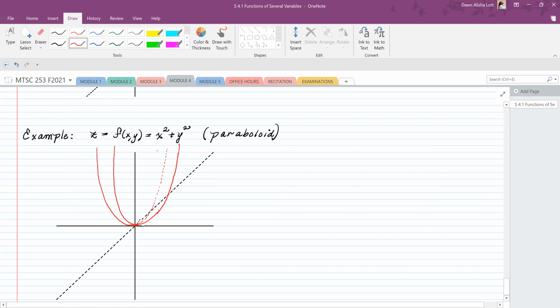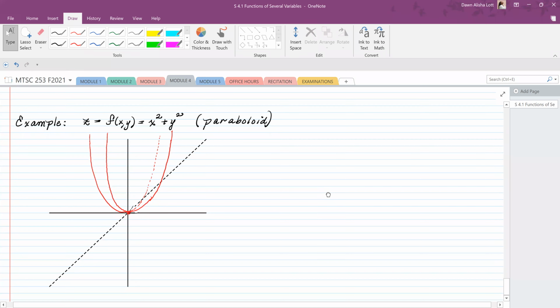It just keeps going up. Z equals 0 corresponds to that point.